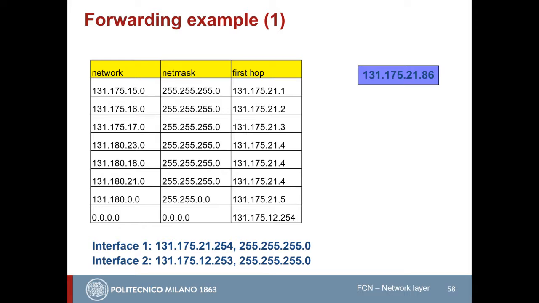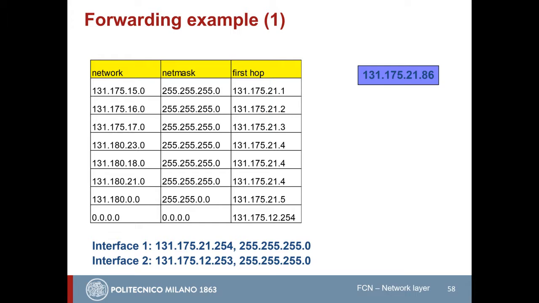So the first operation is to check the destination address against the interfaces. And as you know, there will be, in this case, a maximum of one match. So there is no ambiguity. You can have a match with just one of the interfaces, or otherwise you don't have a match with any. So in this case, we have this blue box that contains the destination IP address.